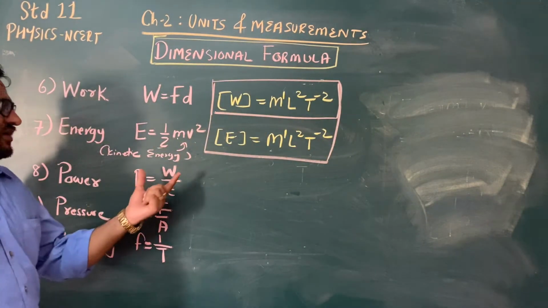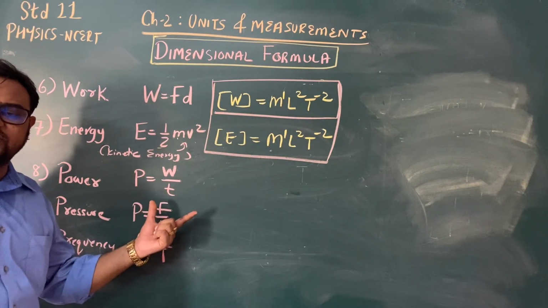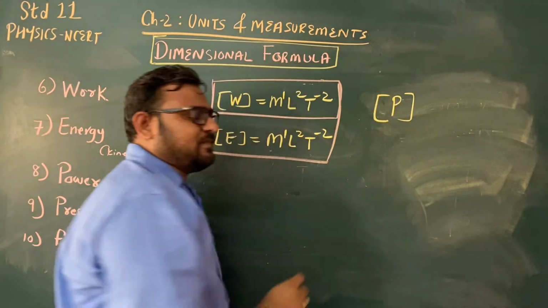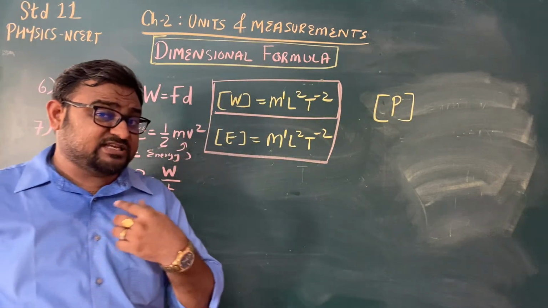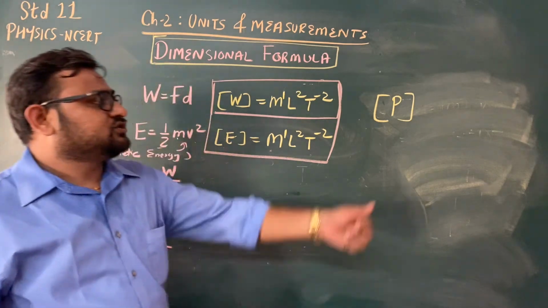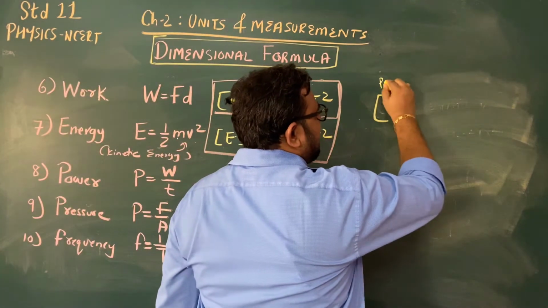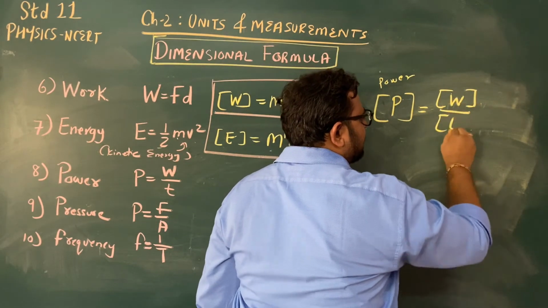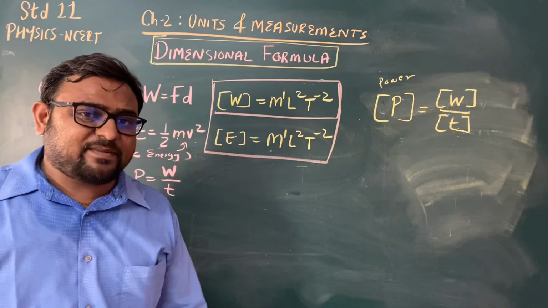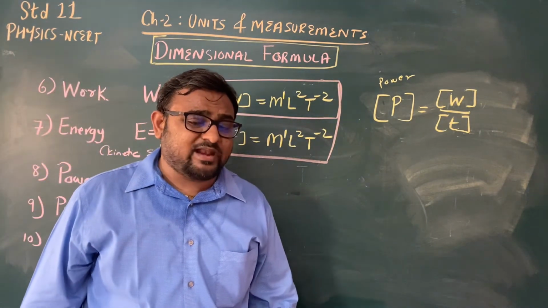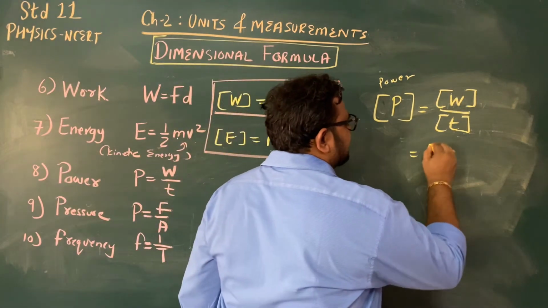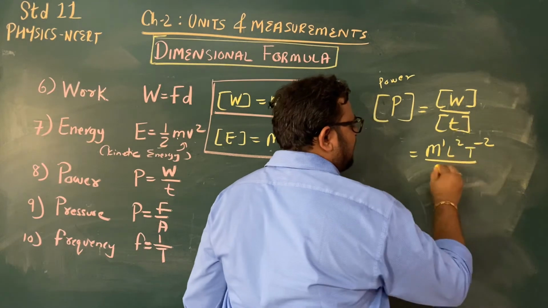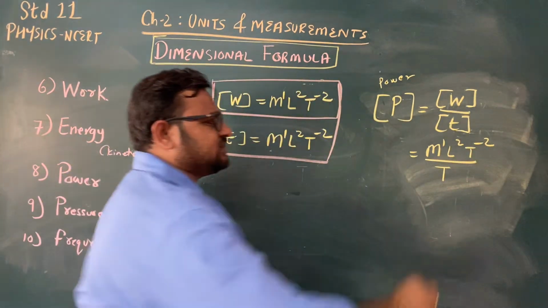Power. Power is equal to work done per unit time. So dimension formula for power. Remember it's capital P. Even the symbol of pressure is capital P. So for power, in this case, what is that? Work done per unit time. What is the dimension formula for work done? M1 L2 T minus 2. So it's M1 L2 T minus 2 upon, for time, it's T1.